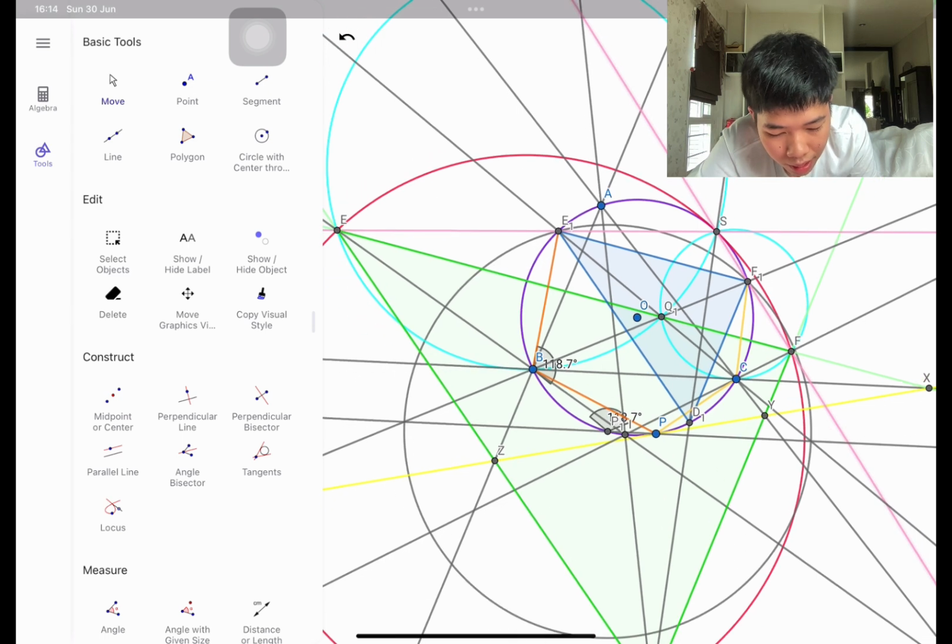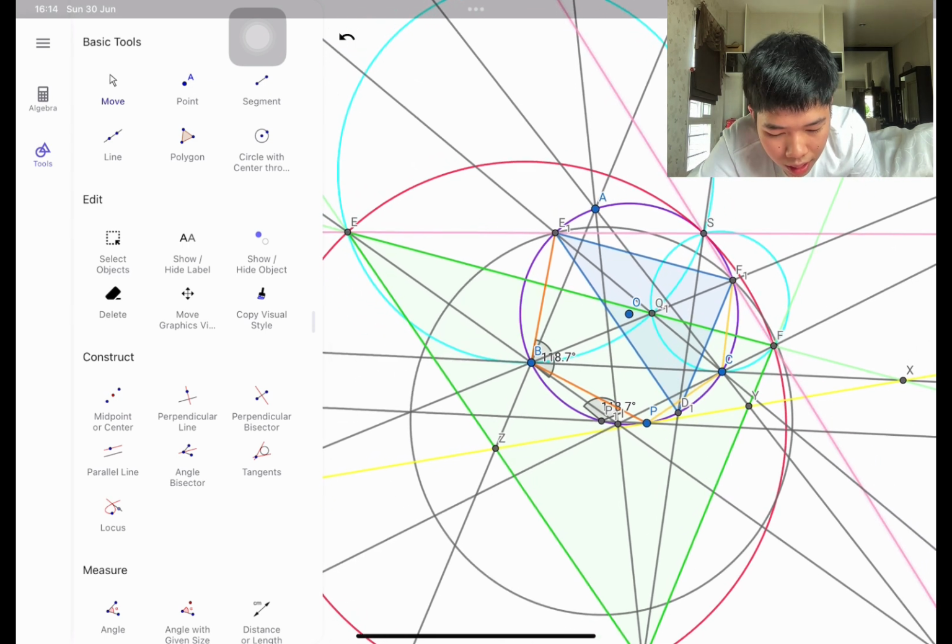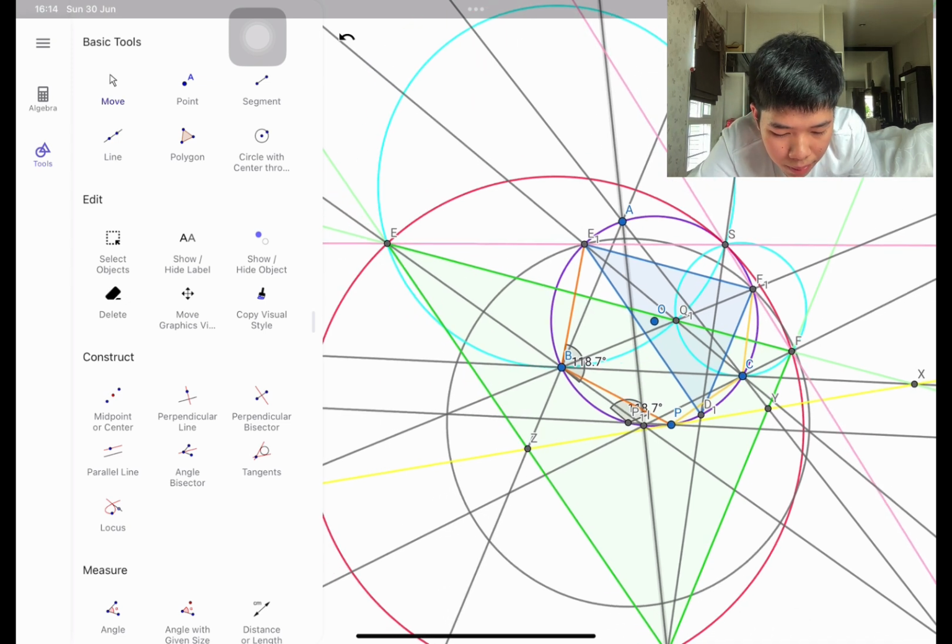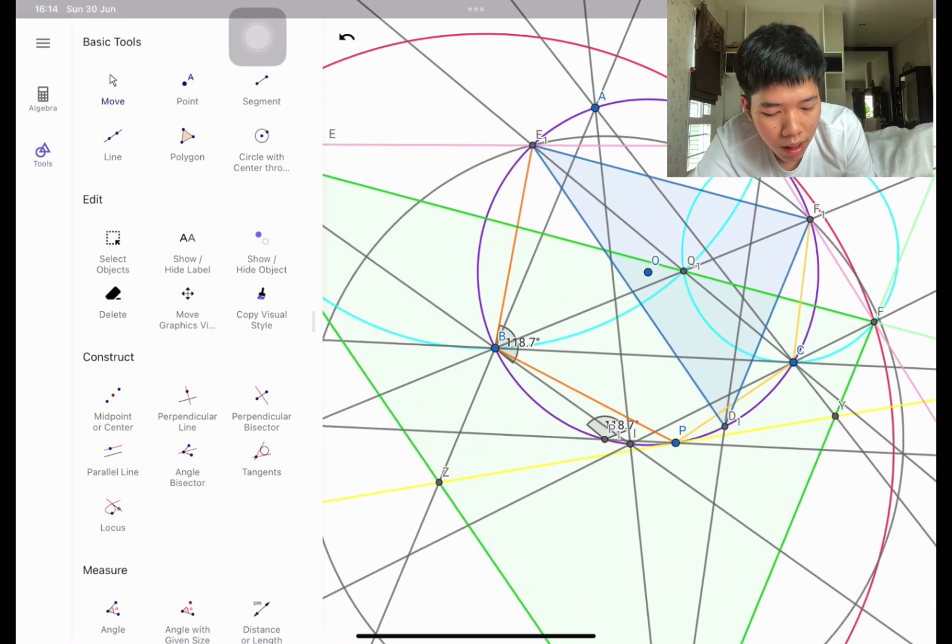And the last step here is proving that ∠E1SB is equal to ∠ESB. And the way we do this is that we ask what else is equal to ∠ESB. Of course, it's ∠EQ1B, right? You see where the resource is coming in now.